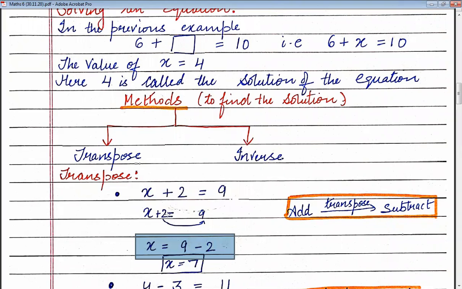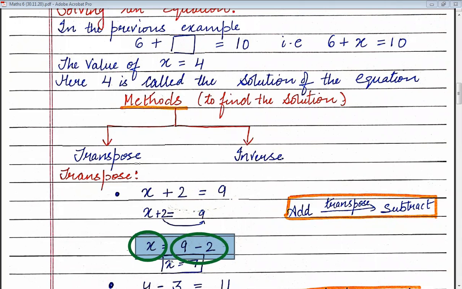So plus 2 will become minus 2 on the right hand side. Now our answer is very easy because you have only variable x on the left hand side and the right hand side is 9 minus 2.